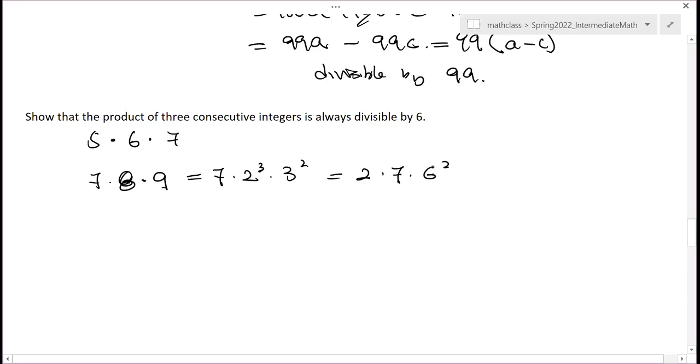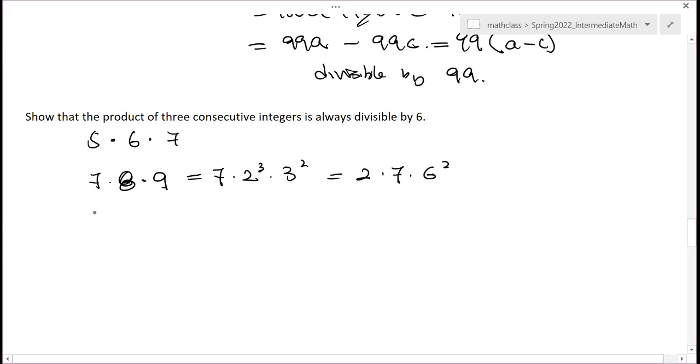Okay. So how can I prove this fact? Okay. There are 3 situations here. If you randomly pick 3 consecutive integers, there's a possibility you begin with a number divisible by 3. Okay.